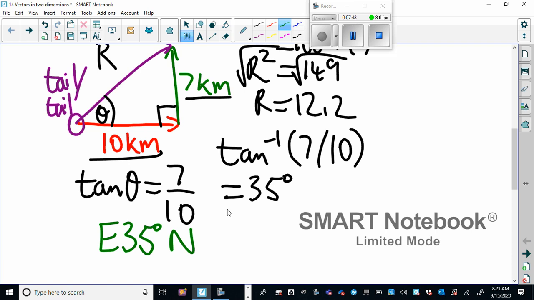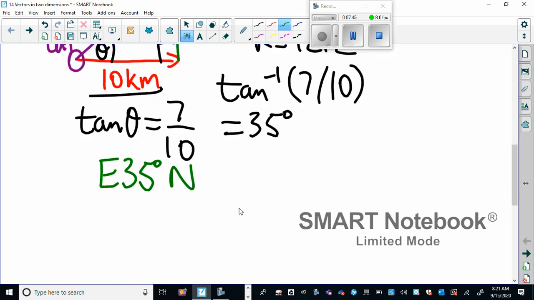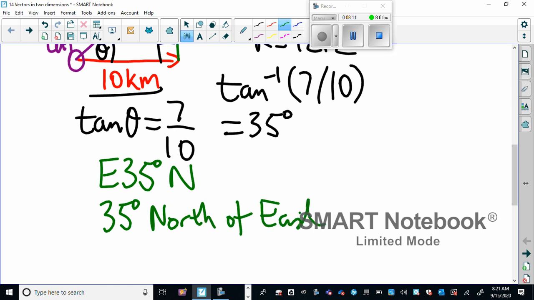That is totally acceptable. The reason I don't like that one as much is because it uses an English word, and we want to be as universal as possible. And so we avoid using a word in a specific language. Now, of course, north, south, east, west, they're also English words, but those are probably more universal. Or you could say 35 degrees north of east.